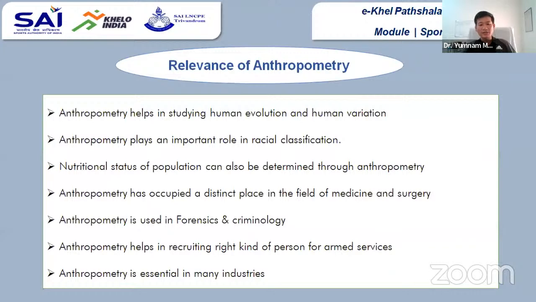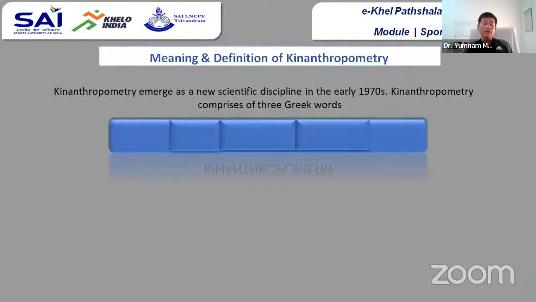Anthropometry has occupied a distinct place in the field of medicine, surgery, etc. Anthropometry is used in forensics and criminology. Anthropometry helps in recruiting the right kind of persons for the armed services. Anthropometry is essential in many industries. So these are some of the relevant things related to anthropometry. That was a brief introduction to anthropometry.